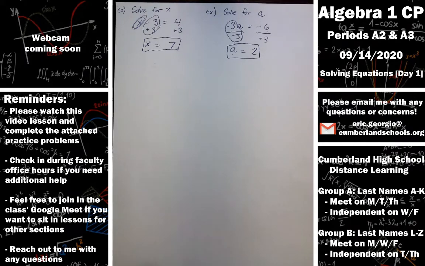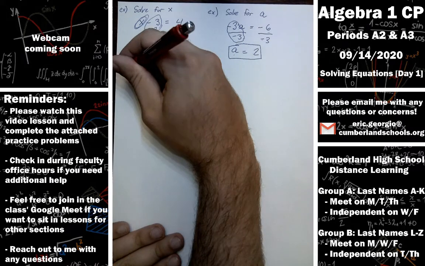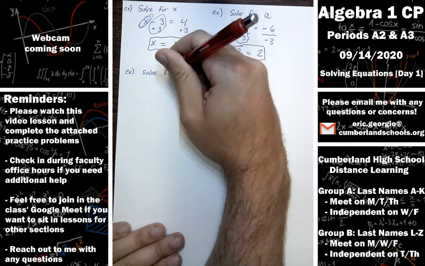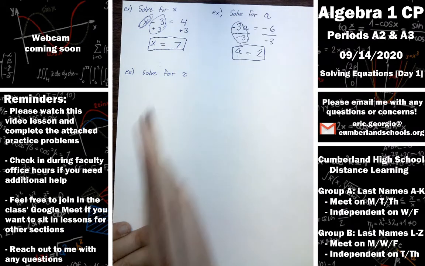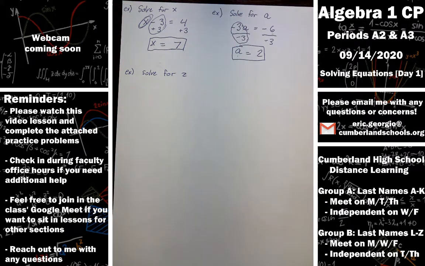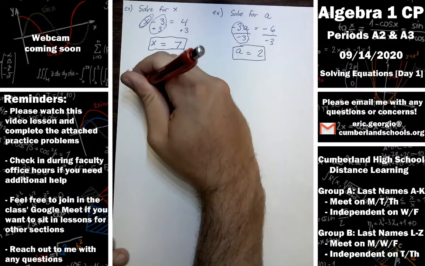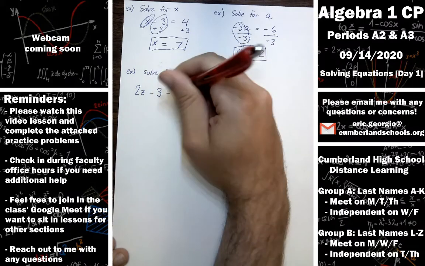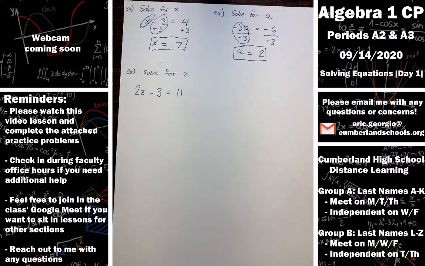All right. Let's try a two-step equation now. Ready? Let's solve for z. All right, doesn't matter what the letter is. Could be anything. Let's do 2z minus 3 is equal to 11.